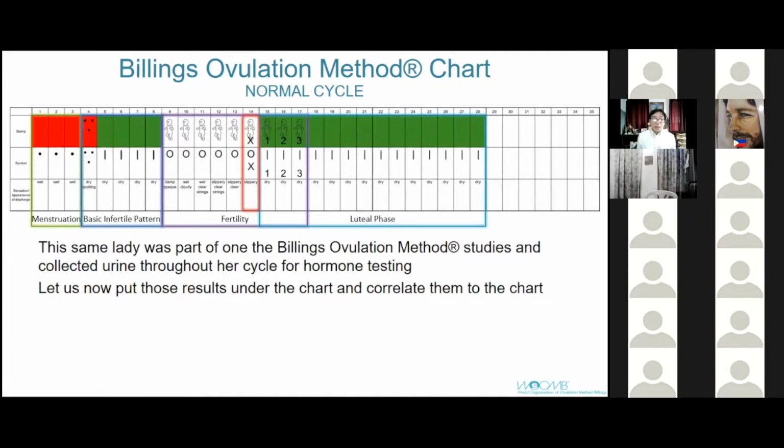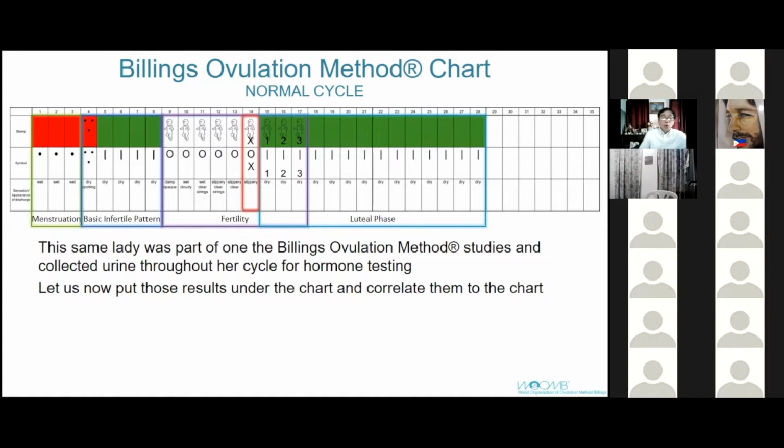This same lady was part of one of the Billings ovulation method studies and collected urine throughout her cycle for hormone testing. So meaning the chart that you are looking at right now is not an invented chart. It is based on a particular woman who became part of the study of the Billings ovulation method.